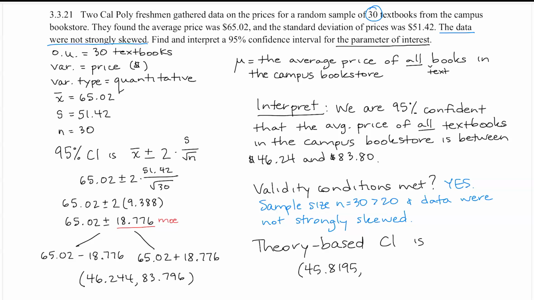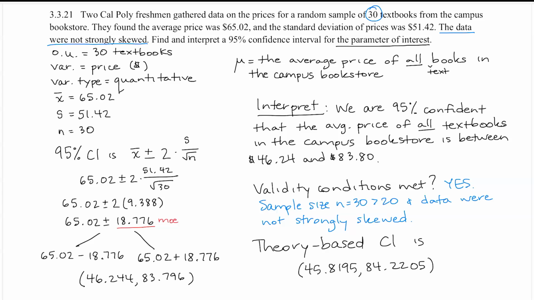So the theory-based confidence interval is $45.8195 up to $84.2205. Once again, it's good to compare the theory-based to the 2SD by hand method, and they are very similar. They're not exactly the same.